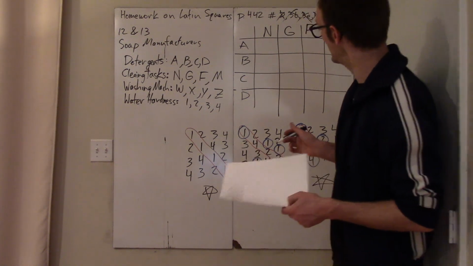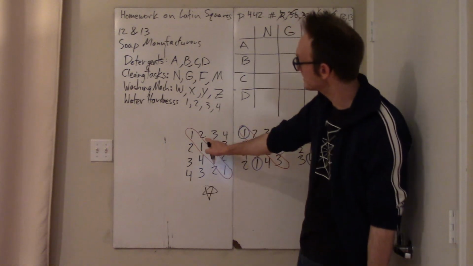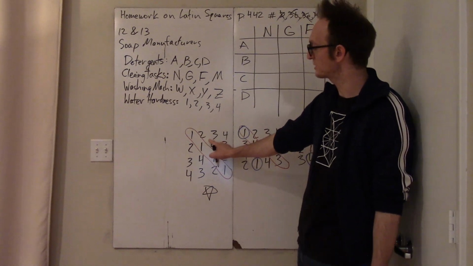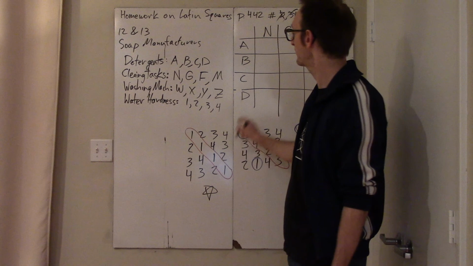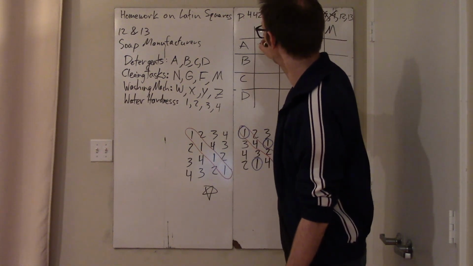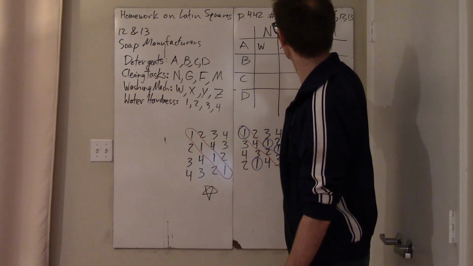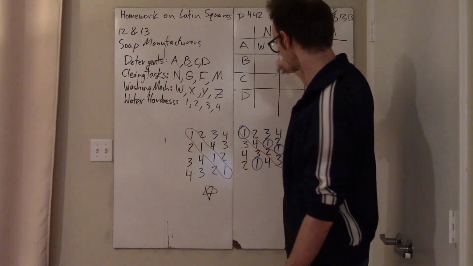But I think now, using this Latin square as inspiration, but matching w with 1, x with 2, y with 3, and z with 4, I shall now fill in w, x, y, z.